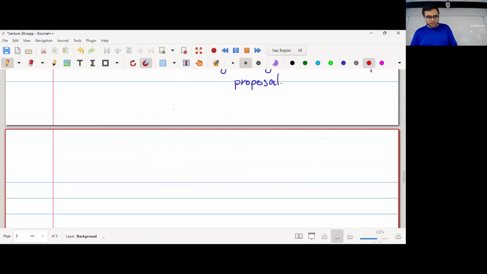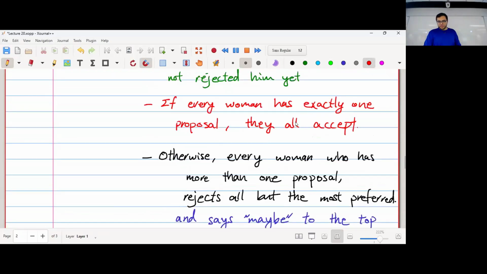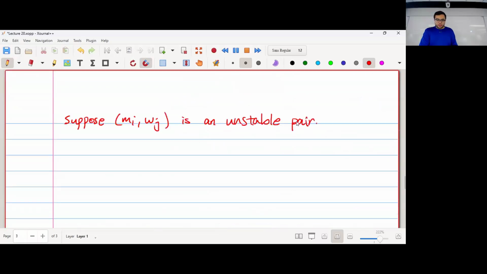Suppose MI-WJ is an unstable pair. Sorry, I was wrong there.